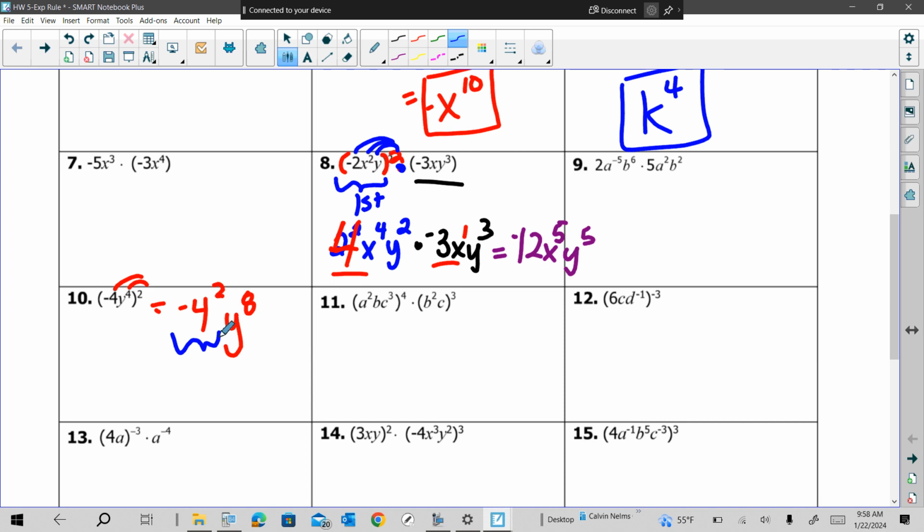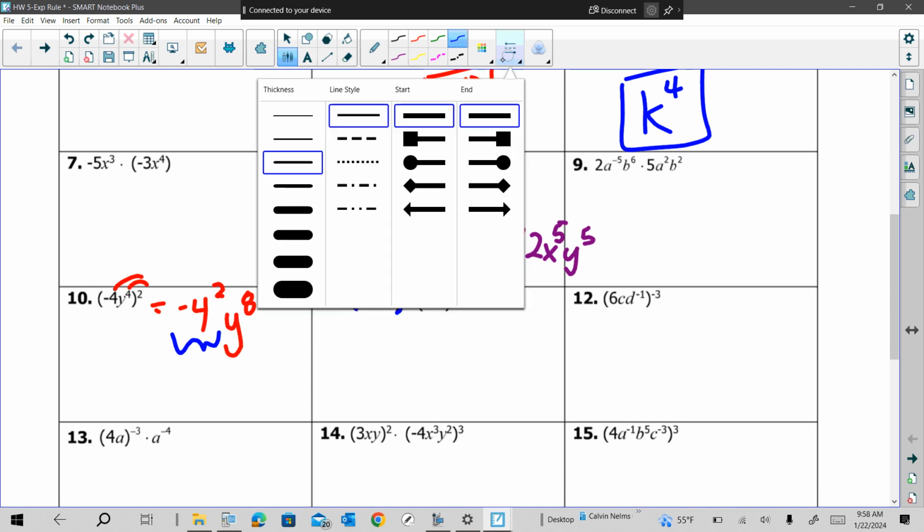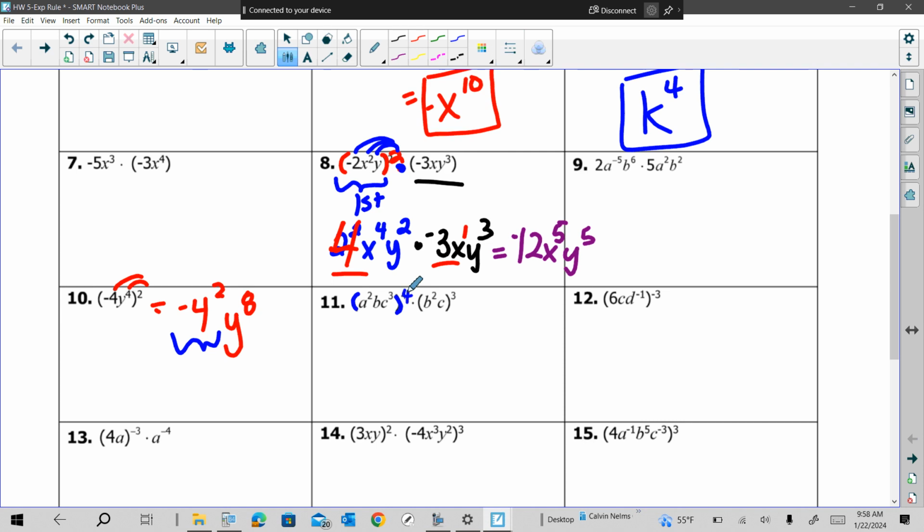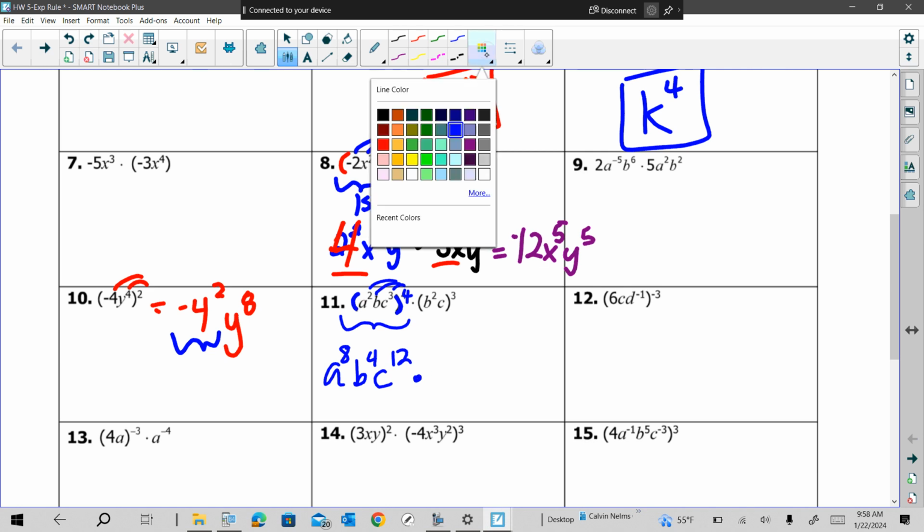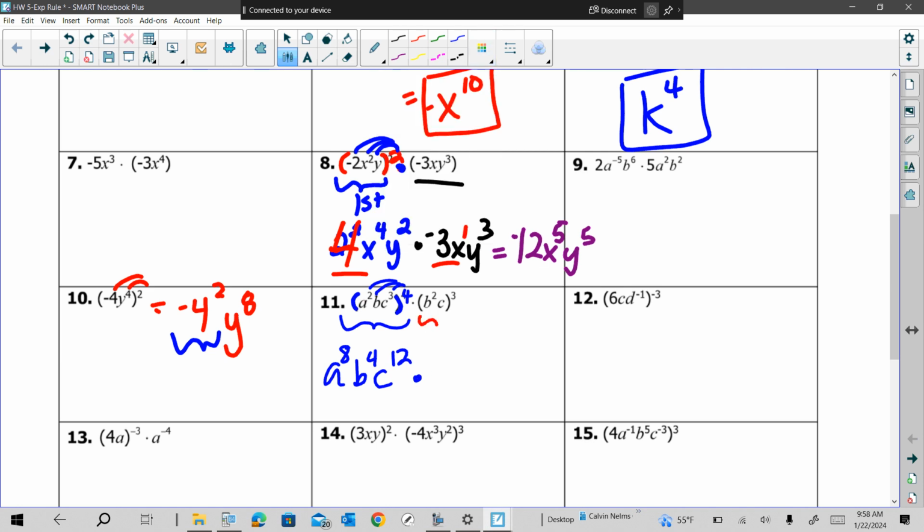11 has 2 power rules. We have a parentheses here with an exponent of 4, which I'm distributing to each one. So what does this become? The first binomial: a to the 8th power, b to the 4th power, c to the 12th power. We're going to multiply that once we simplify this next power rule.